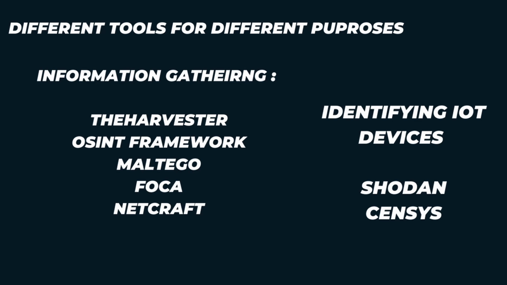You can choose specific tools like this, and try to learn how to use them, their configuration and syntax, and how they actually work from the inside, whether it's a GUI-based interface or a terminal, as it depends on the tool. Or for gathering information and identifying IoT devices, tools like Shodan and Censys. You have to get familiar with these interfaces.